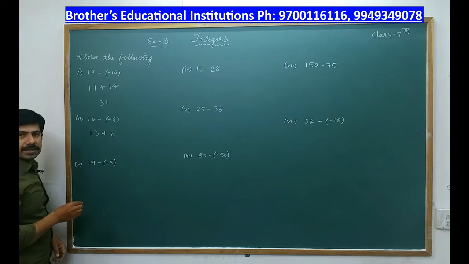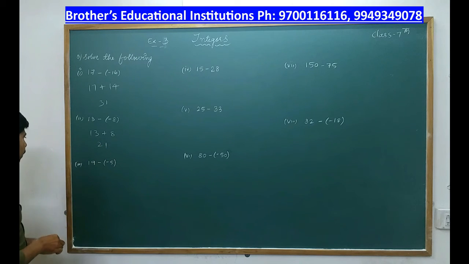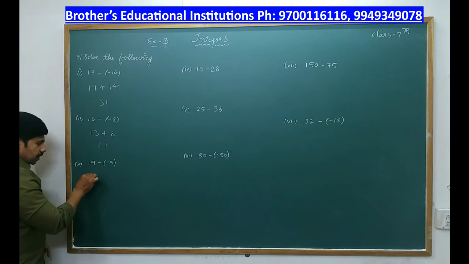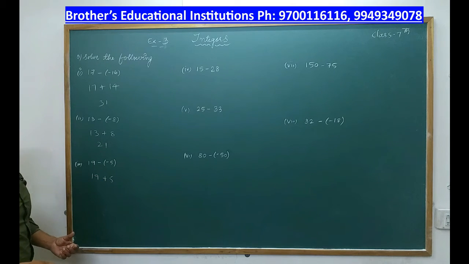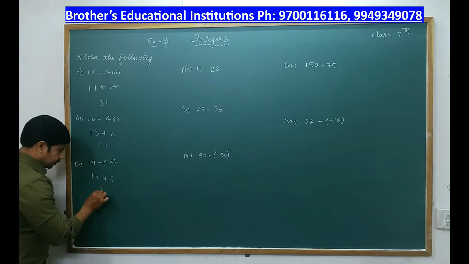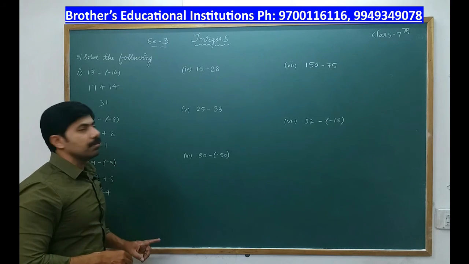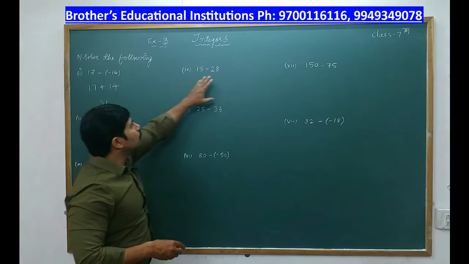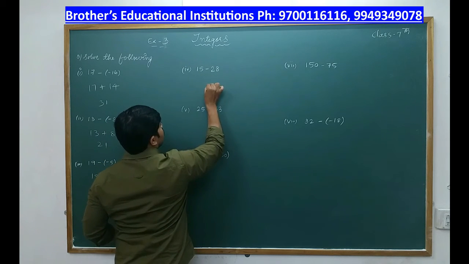So 13 plus 8 is 21, right? Then after that we have 19 minus into minus plus. 19 plus 5 is 24. Okay. Now we have 15 minus 28. So what you do, 28 minus 15. So 8 minus 5, 3. 2 minus 1, 1.